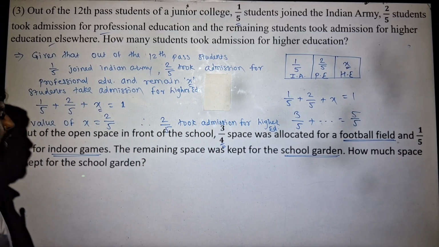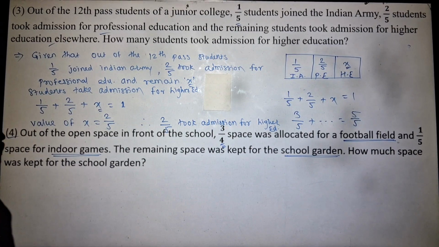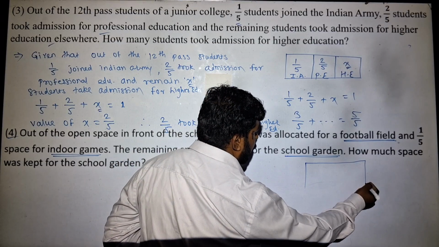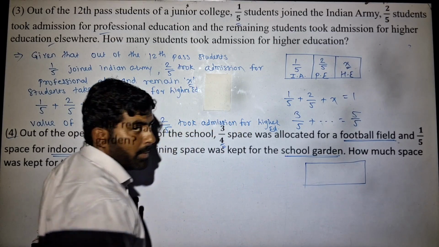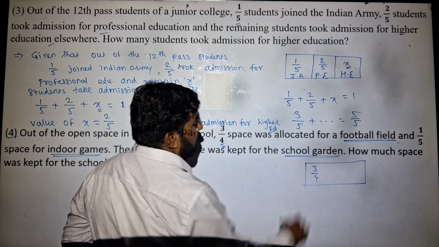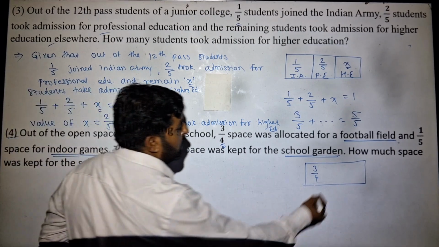Okay, then how much space is kept for the school garden? Suppose the open space in front of the school is the total space. Out of these, 3/4 part of the space is allocated for the football field.